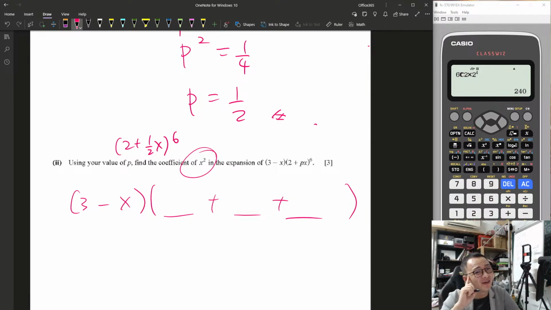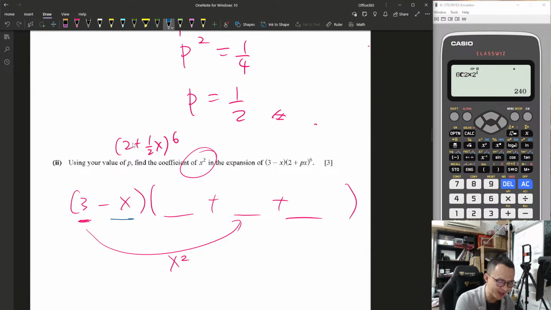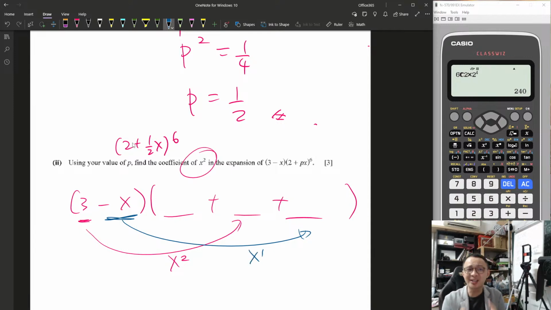Then I ask myself, if I have a 3 here, I need a term with x squared so that I can get the coefficient of x squared. If I have the term with negative x, I need any term here with x to the power 1, so that x multiplied by x to the power 1, I can get x squared. So from here, I have a very clear mind.